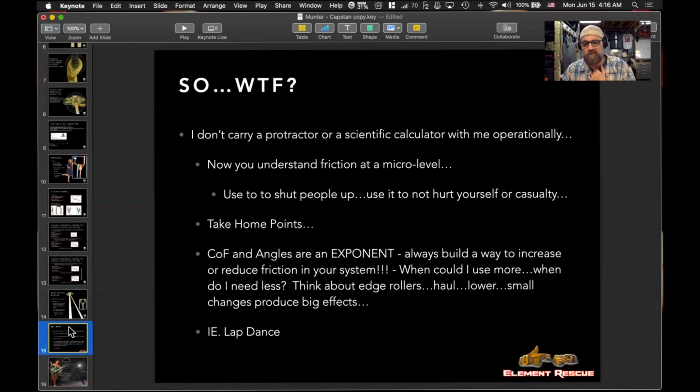So you may not have to go as heavy with edge rollers and crap like that, and we never use them, and still have the ability for one person to do a raise on a 3-to-1 or a 5-to-1 simple or complex and be able to get them up with a 90-degree edge just by placing some stuff. And we'll do a PowerPoint showing you some of the equipment that we use to do that. You can get away very, very small, very cost efficient, and not bogging you down having to carry extra crap. And like we said before, the lap dance is an easy one to remember.